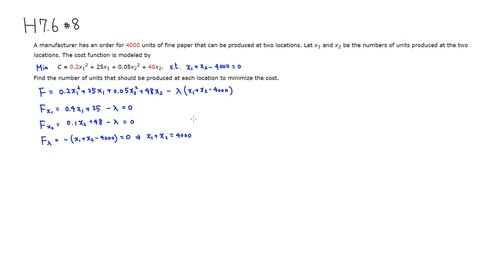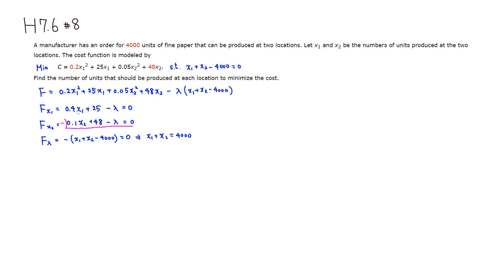All right, so you can see we can actually do a subtraction here.